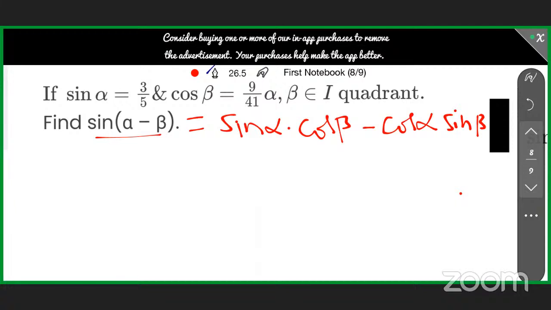But what they've given is only sine alpha and cos beta. So let's find the values of cos alpha and sine beta, substitute them in the formula, and we'll get the value. Try it out as homework, dear students. Students, will you try it out as homework?